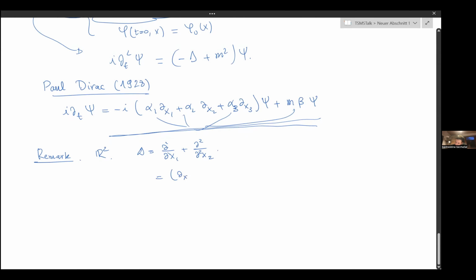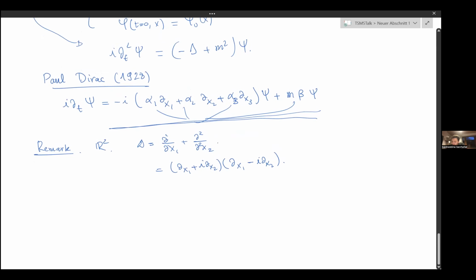You can write it as dx1 plus i dx2 times dx1 minus i dx2. This is the Cauchy-Riemann operator. However, you have a problem here because in quantum mechanics we need a symmetric operator. And clearly you see that this is not symmetric. This is not the adjoint, A star, of this operator. So this is not good for us.